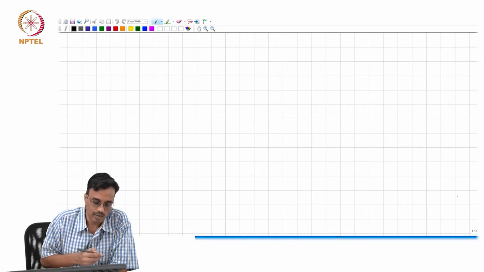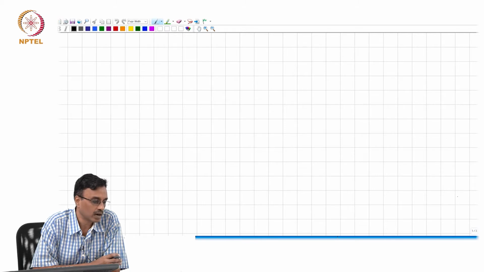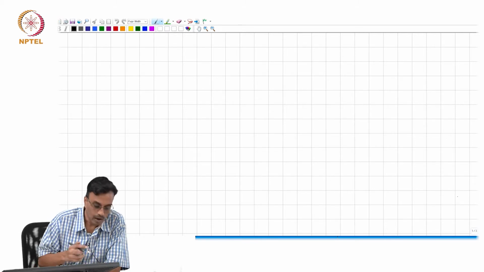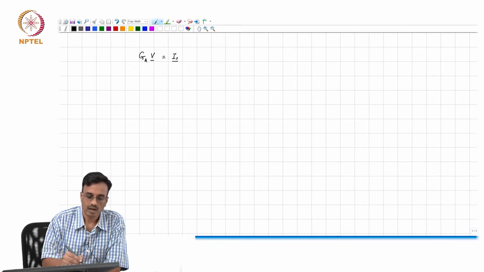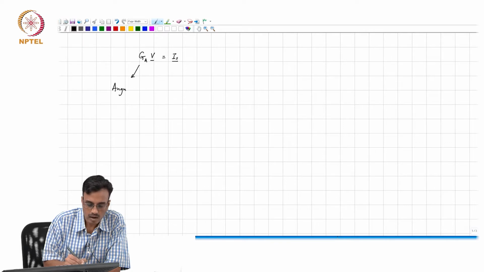In the last class, we were looking at how to write the equations of a network in a systematic way, and we concluded that in general you will get equations of the form G sub A times V equals I S, where this is the augmented conductance matrix and this is the vector of unknowns.